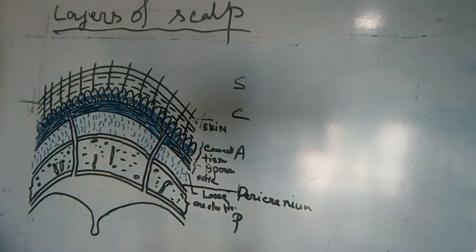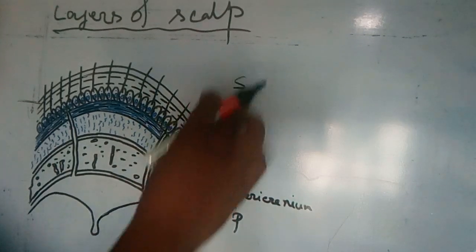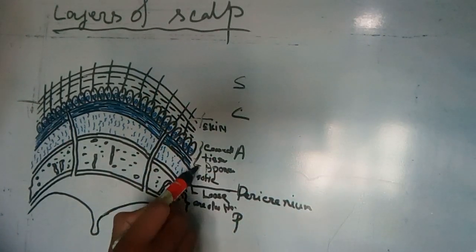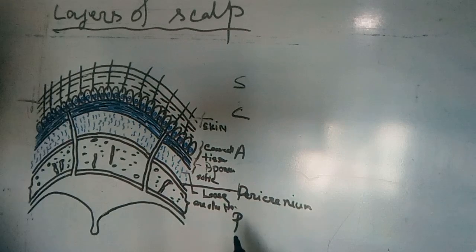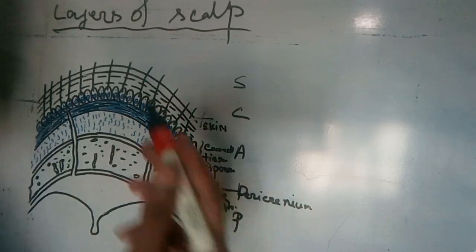So these are the five layers of the scalp: number one, skin, connective tissue, then the aponeurotic layer, then the loose areolar tissue, and then the pericranium.